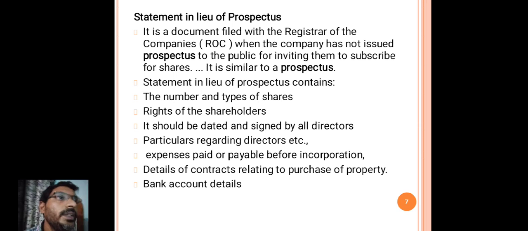The expenditure incurred before incorporation of a company is also clearly mentioned in the prospectus, as well as in the statement in lieu of prospectus.